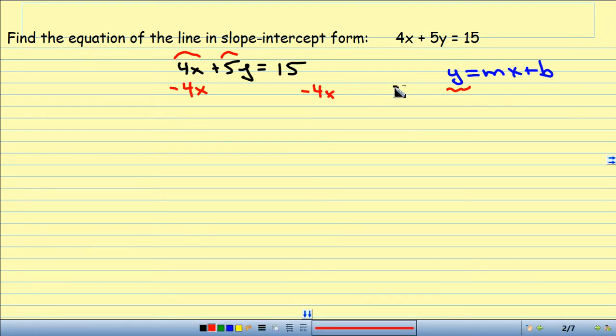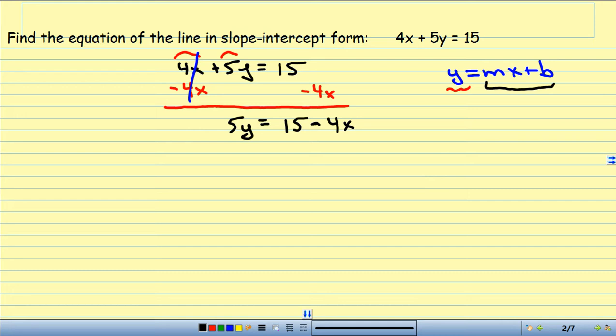It's just the number 15. So I can't combine these. They're not like terms. So 4x minus 4x cancels out. I'm left with 5y, and that's equal to 15 minus 4x. I cannot combine these. These are not like terms.